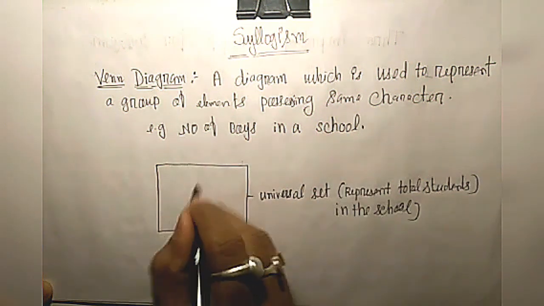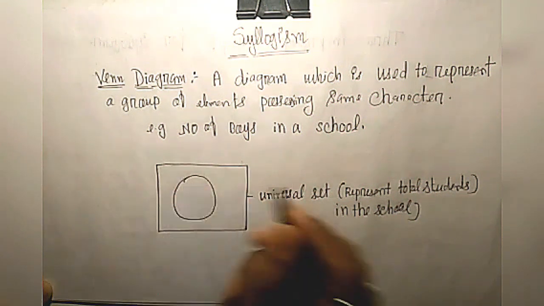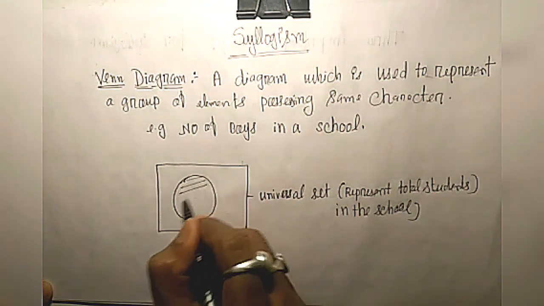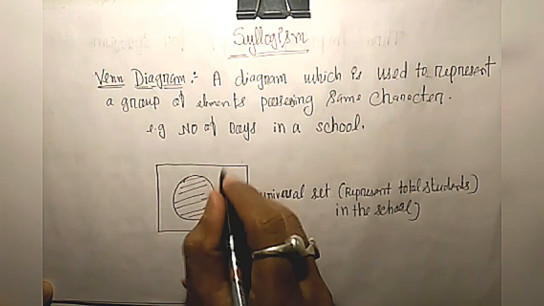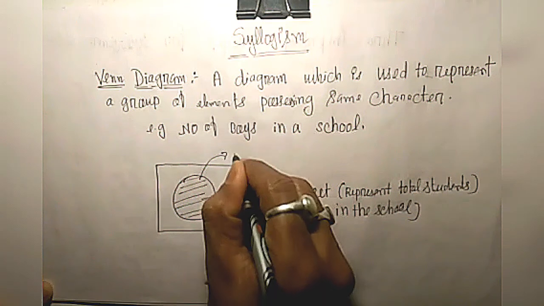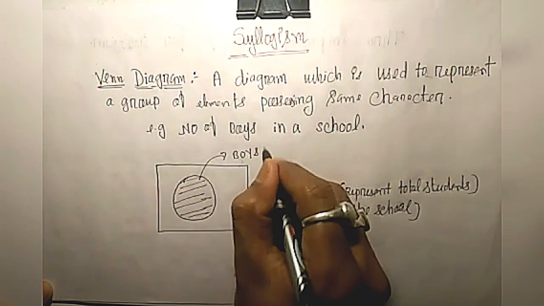Now, the number of boys in a school. How can we represent it? Inside the rectangle we should draw one circle. Basically we use a circle to represent a group in a Venn diagram.